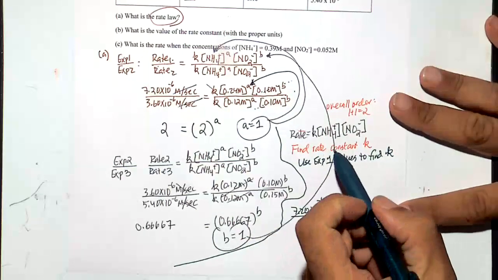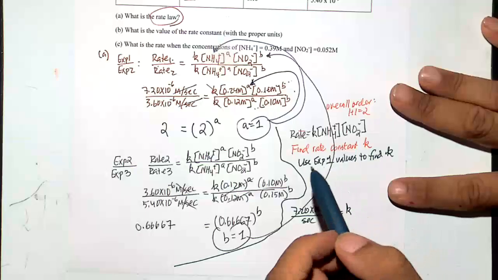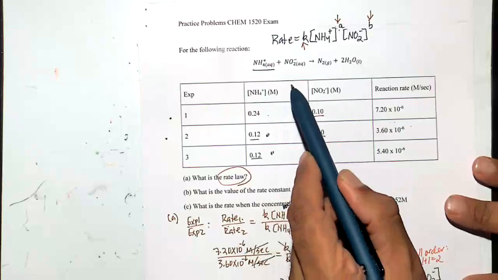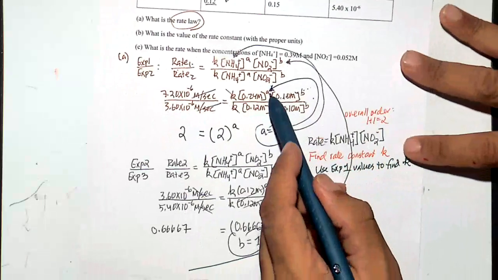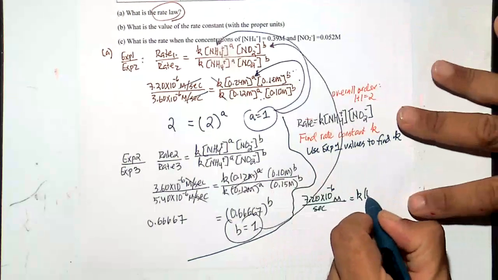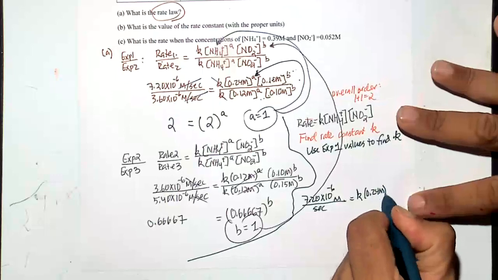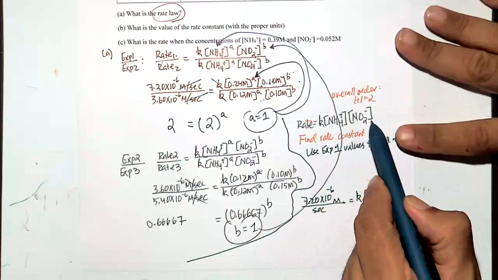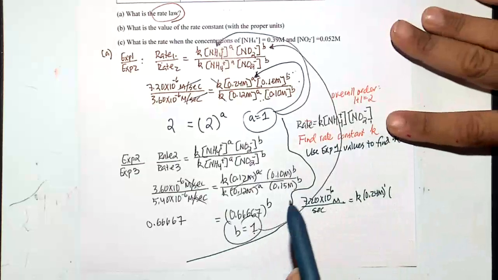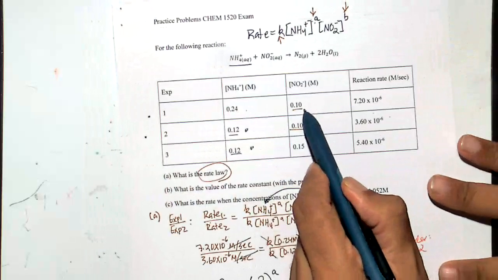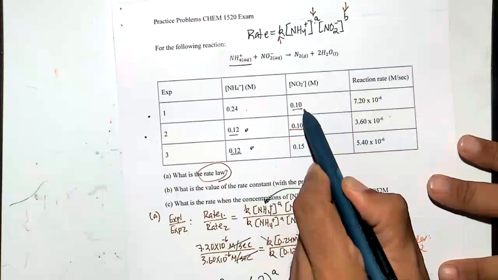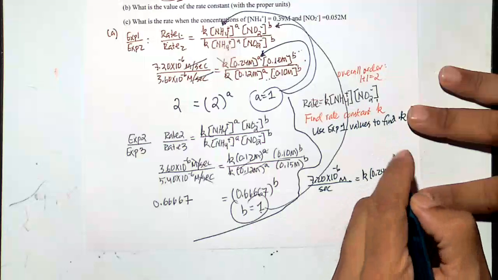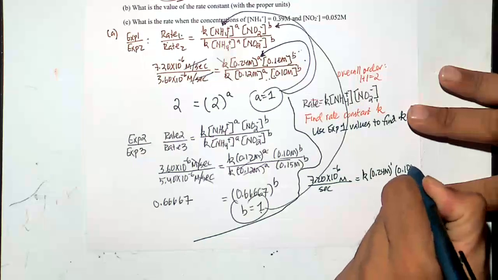This is what we're trying to find now. What is NH4 plus at experiment 1? 0.24, raised to what power? 1. So 0.24 big M raised to the first power. And then NO2 minus raised to the 1 power, for experiment 1, that concentration is 0.10. You can plug in 2 or 3, it doesn't matter, you'll get the same answer.